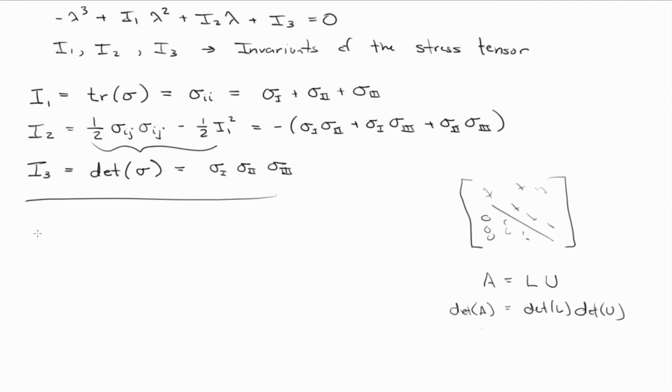Last little thing here in the last 2 minutes. We can also take the stress tensor and decompose it into something we call the spherical or the hydrostatic part plus a deviatoric part.